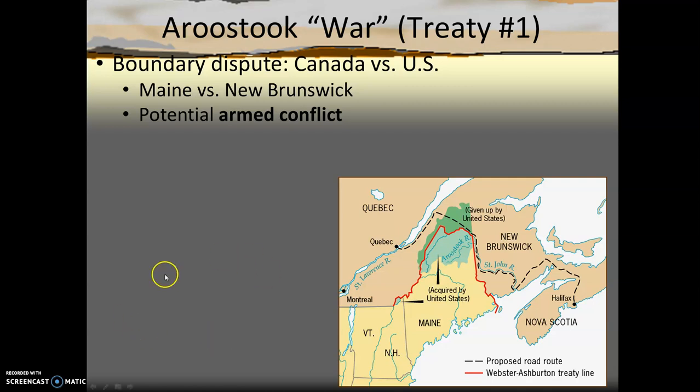The region between Maine and New Brunswick, of which the Aroostook River runs straight through, was really the most hotly contested area, and the respective militias of Maine and New Brunswick almost fought an armed engagement over the land. That's why Aroostook War is the name we give to this.